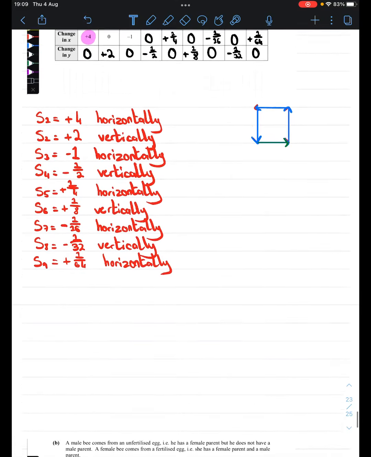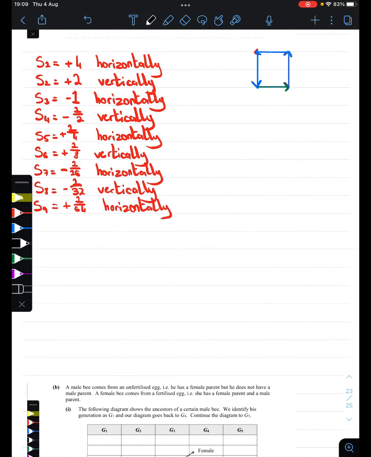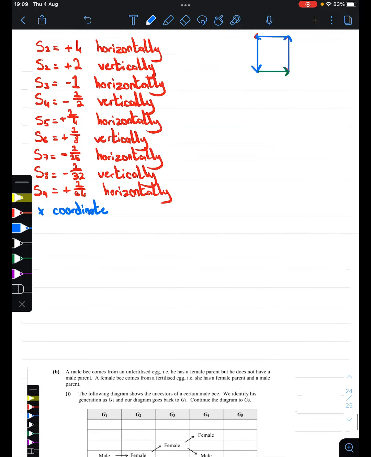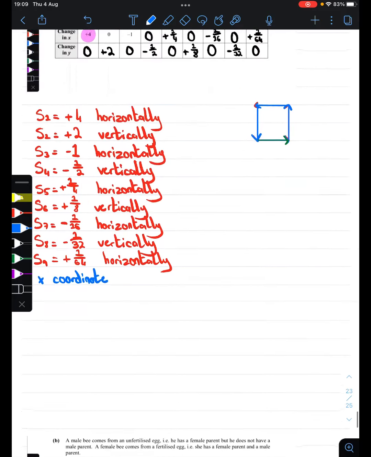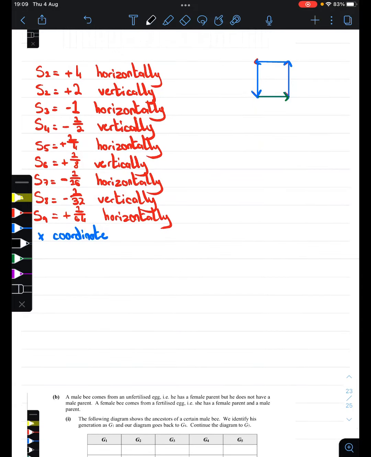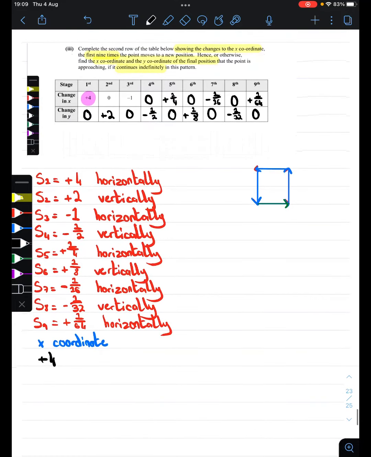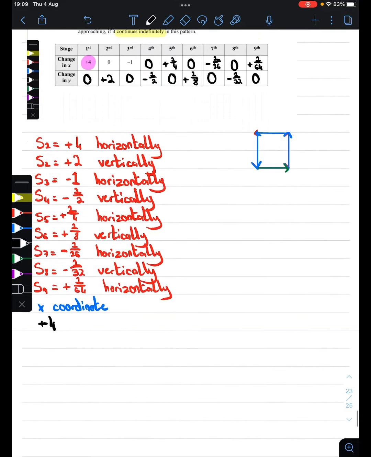Okay, well, let's first look at the x coordinate. It starts off at the origin, and then it travels plus 4 units to the right. We can just go by the table. Then it doesn't move, so we'll just ignore that. Then it travels minus 1 unit to the left, then plus a quarter unit, minus 1/16, and then plus 1/64.